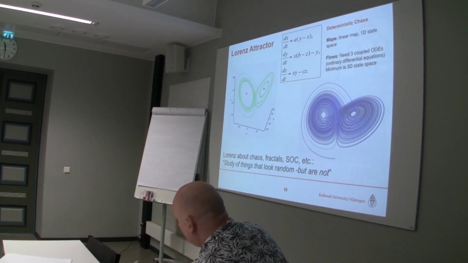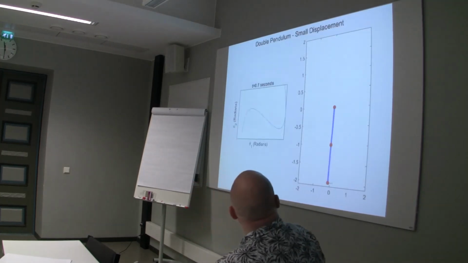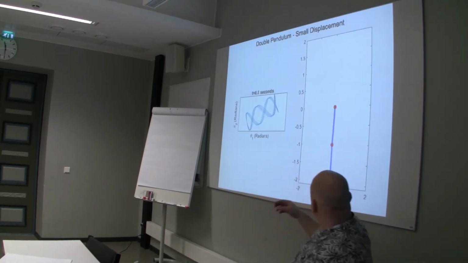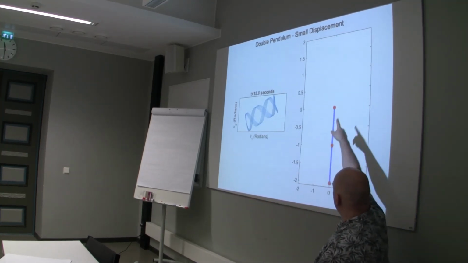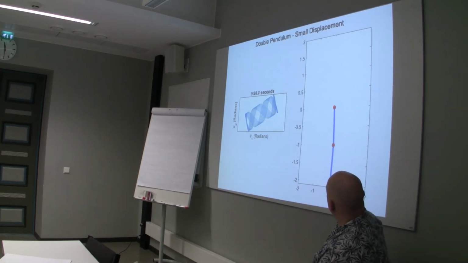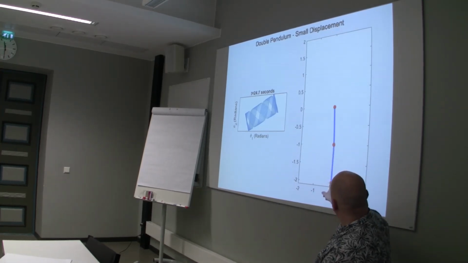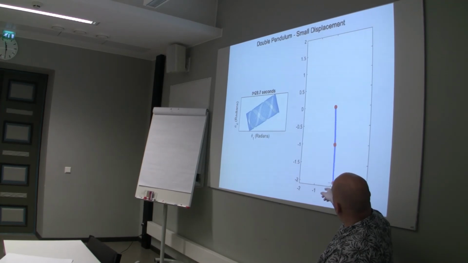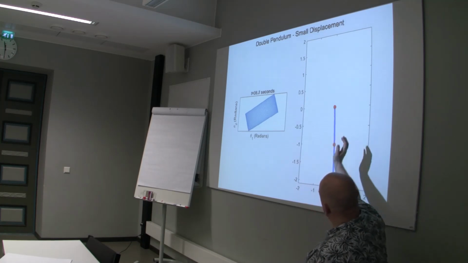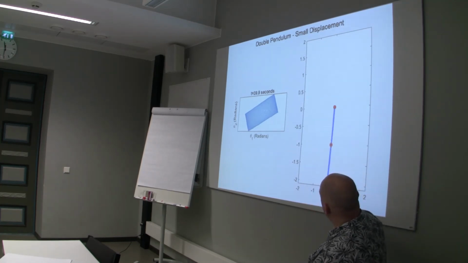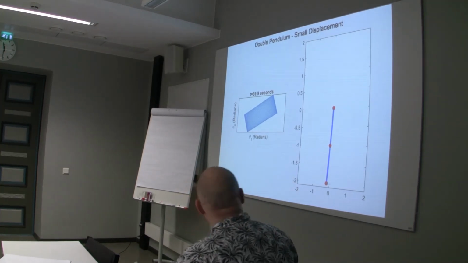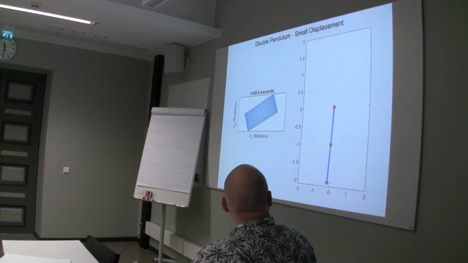But actually it was already known that there are physical systems that have this. So this is a double pendulum. It's just a stick that has 2 things where it can swing, and if you perturb it just a little bit, you get this nice pattern. So this would be the state space. This is just looking at the angles here. It's nicely organized, periodic.